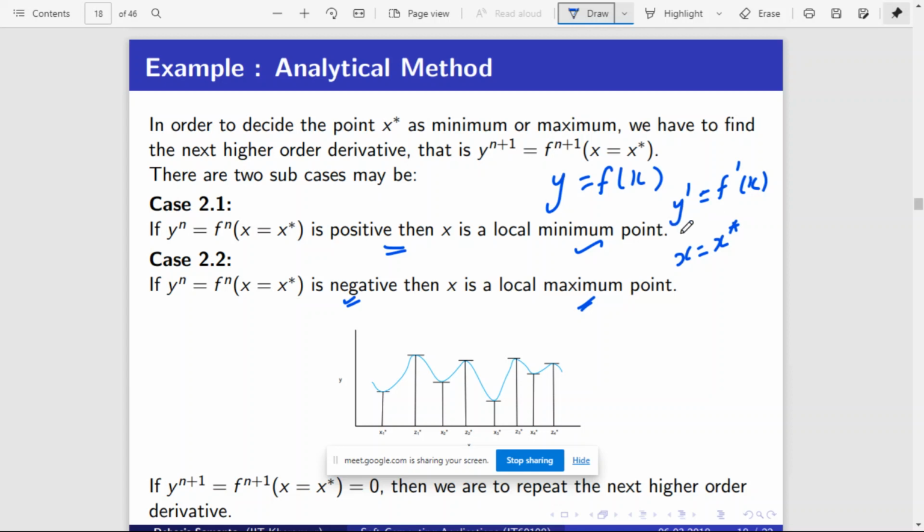Once you have found that, you can find whether it is a maximum or minimum point by taking the next derivative and plugging in the appropriate x star value. If the result is positive, it is a minimum point. If the result is negative, it is a maximum point.